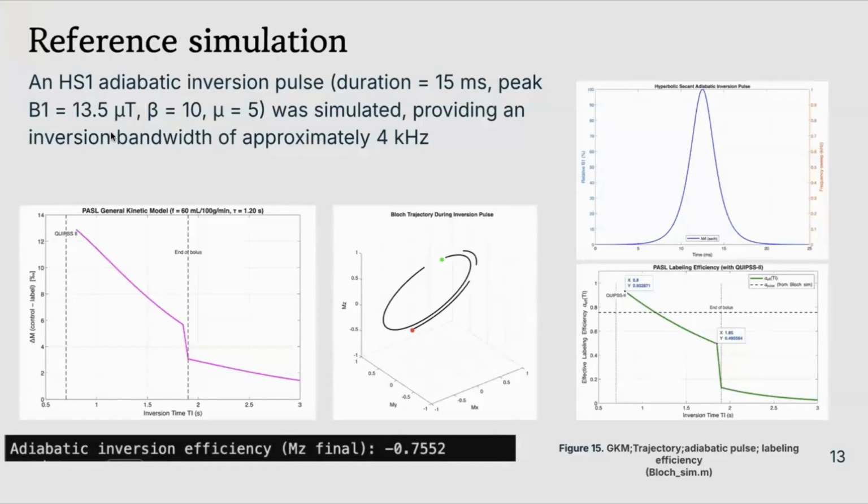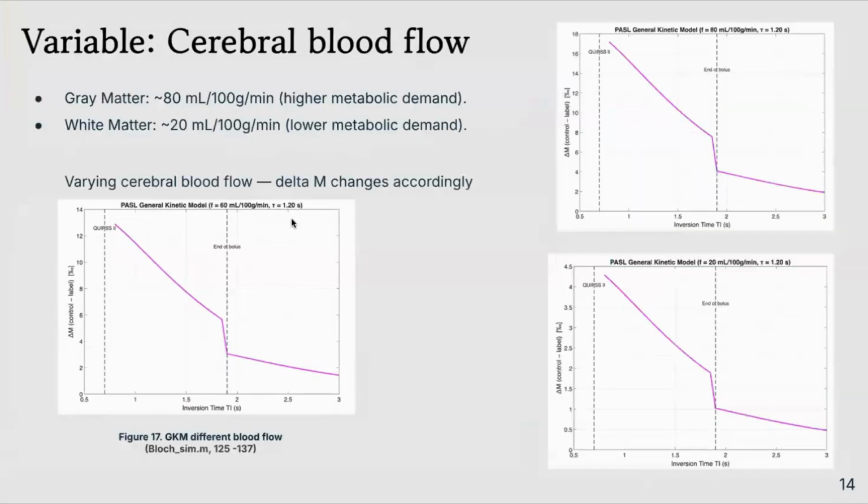So here we use an HS1 adiabatic inversion pulse with duration at 15 milliseconds, peak B1 13.5 microtesla, beta equals 10, and mu equals 5, providing an inversion bandwidth of approximately 4K hertz.